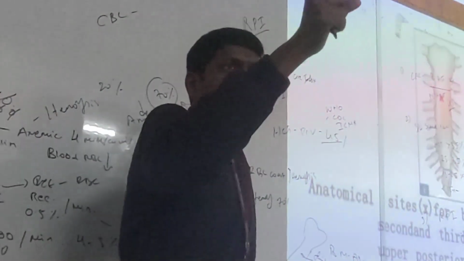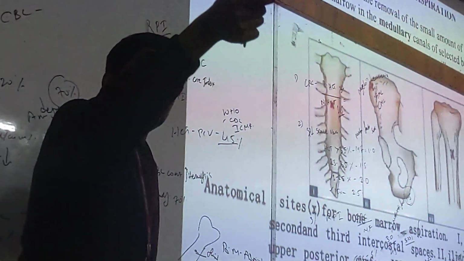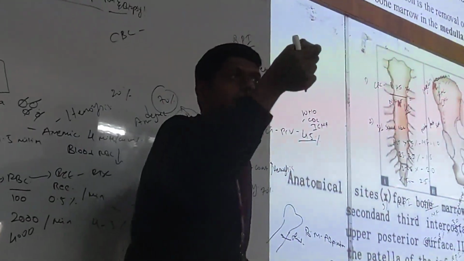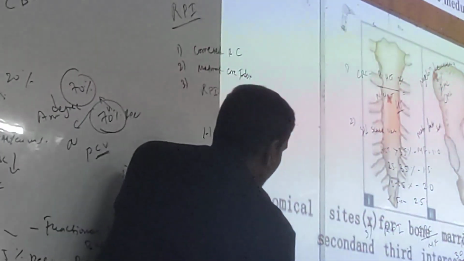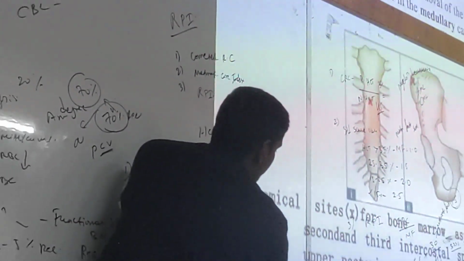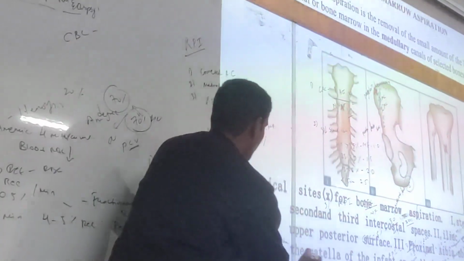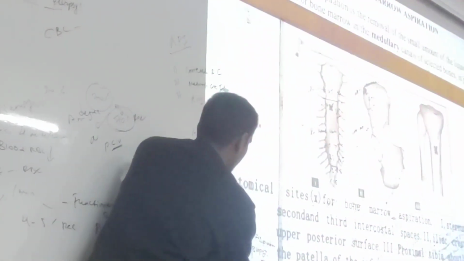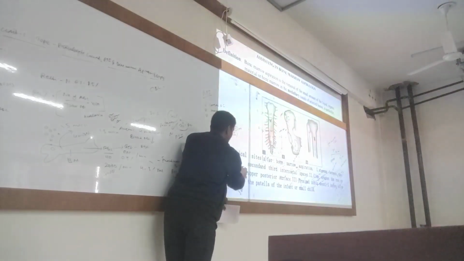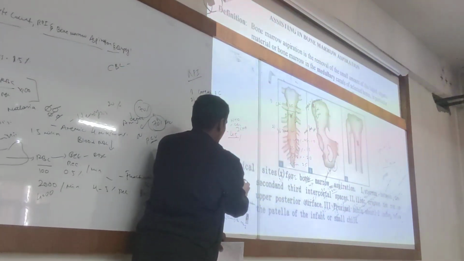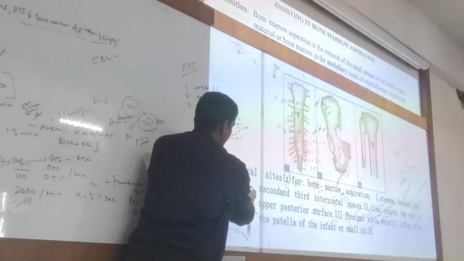When you are collecting the bone marrow itself, the tissue of the bone marrow, that is called bone marrow biopsy. Biopsy is performed by a Jamshidi needle. For aspiration, we will use an elongated thin needle.